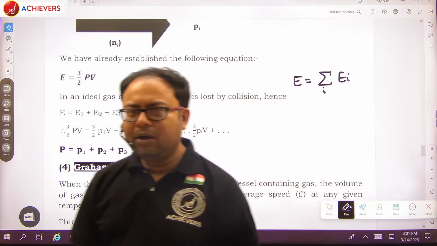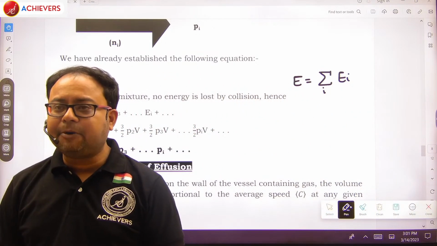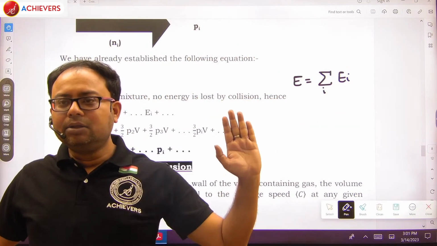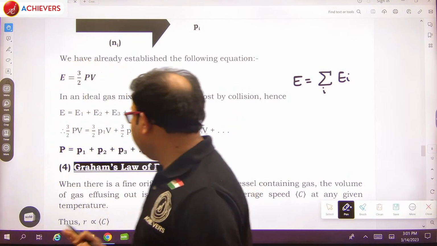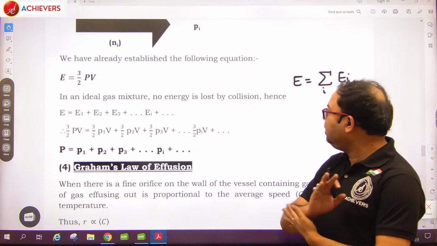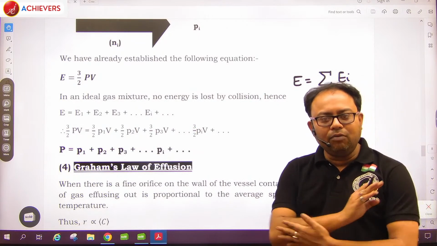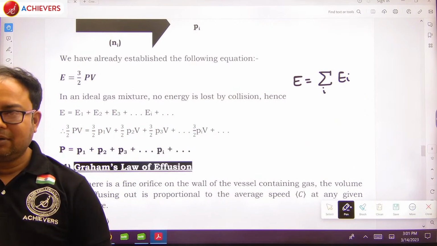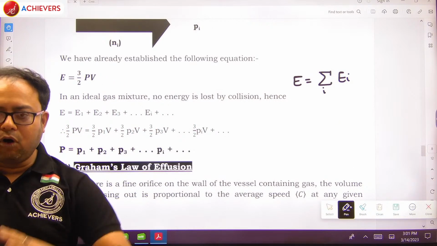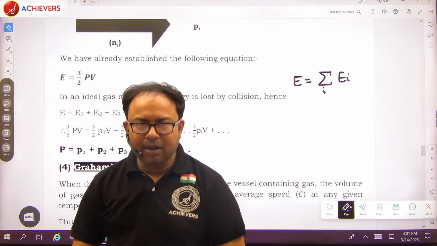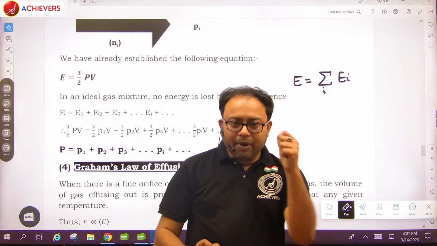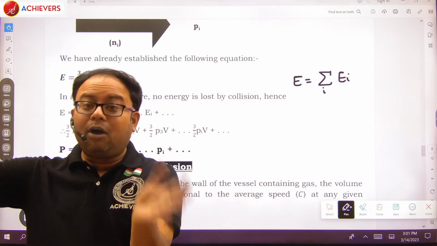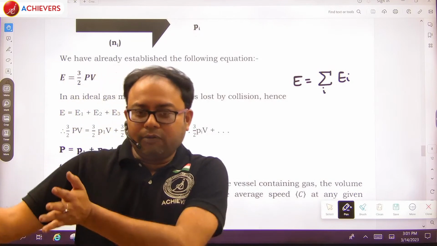In Dalton's law, which factor is kept constant? The volume of the container is kept constant. So you have to do nothing with the volume of the container. I think all remember, the volume of the container is kept constant because you are taking a single molecule hypothetically into a replica of the original container of the same volume.